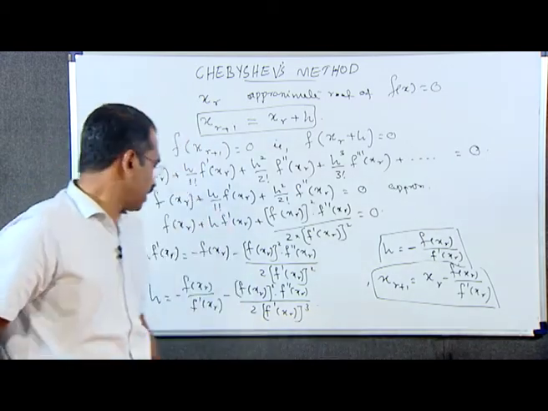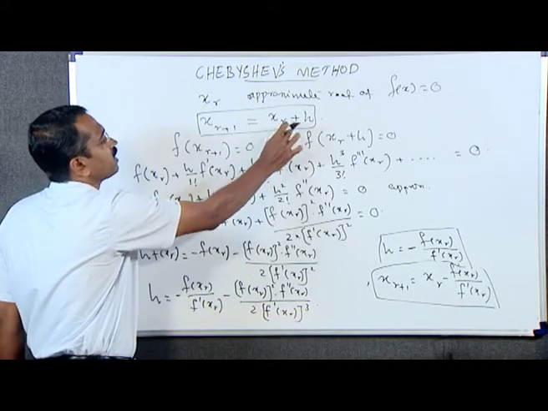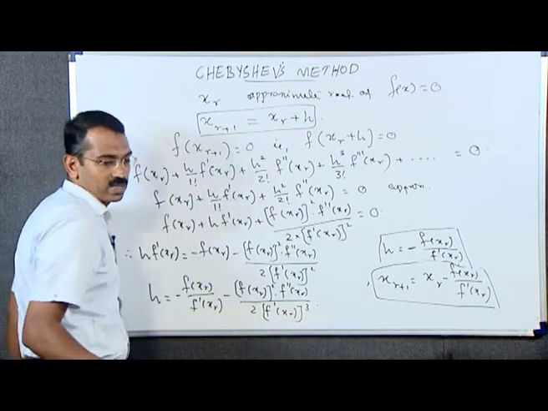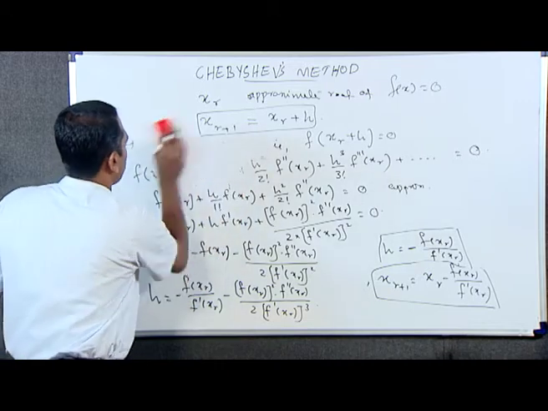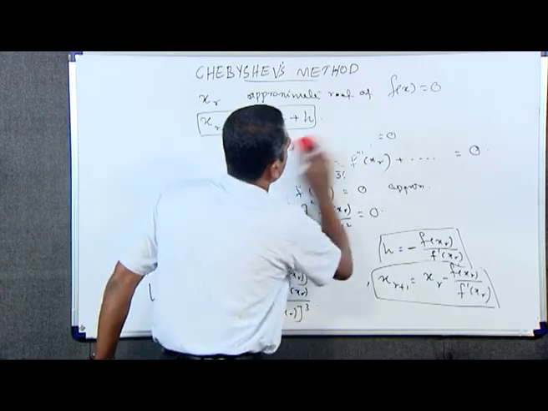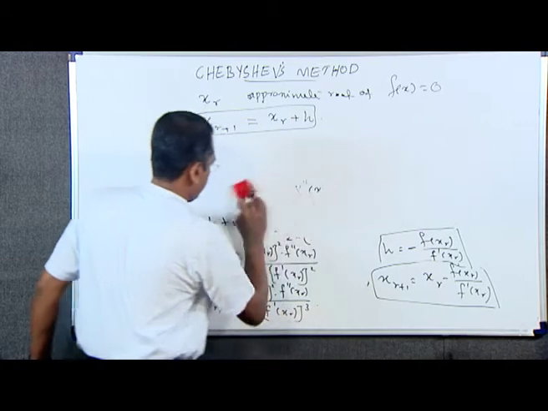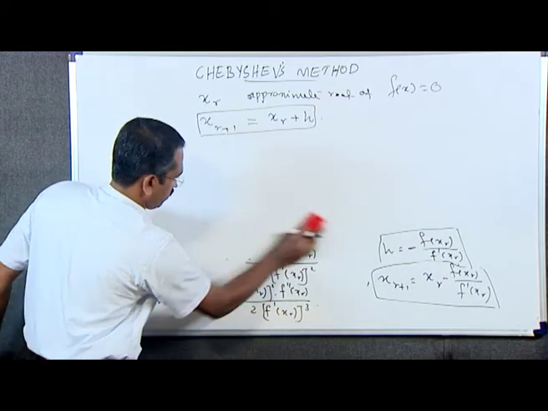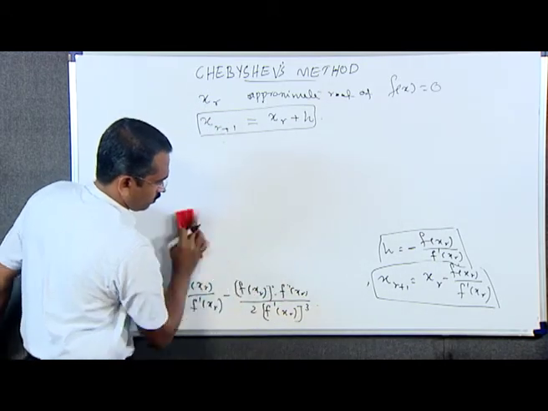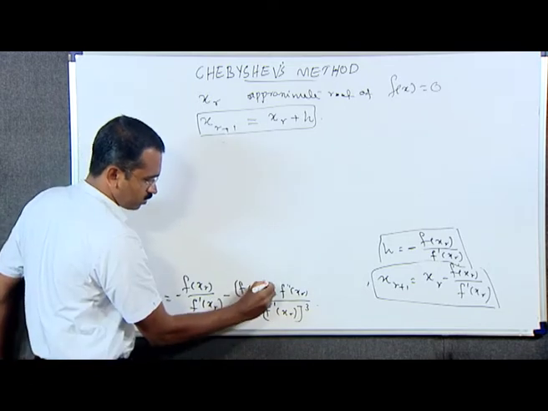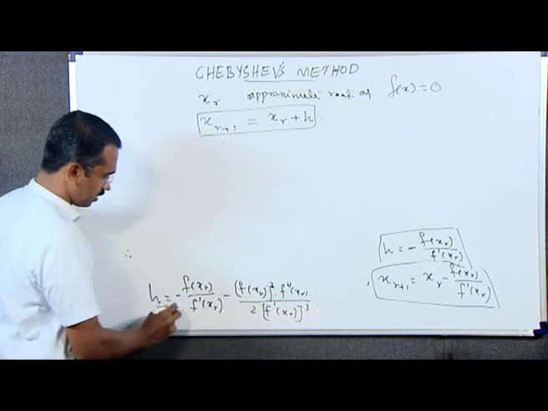Here, h = xr+1 - xr, and h square is f''(xr).